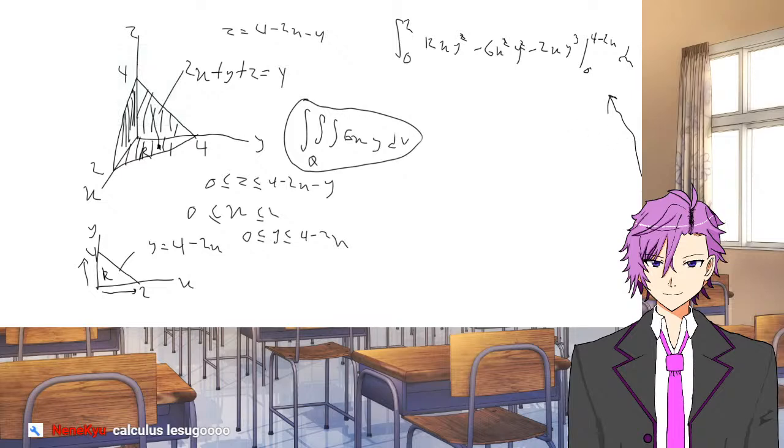So we'll go up here. From 0 to 2, 12x times 4 minus 2x squared, since this is with respect to y, minus 6x squared times 4 minus 2x squared, minus 2x times 4 minus 2x cubed, dx.